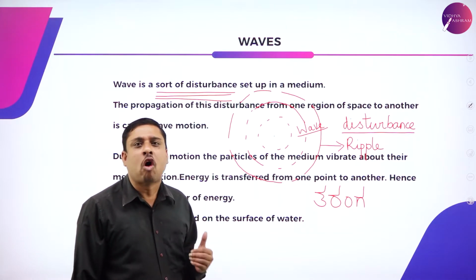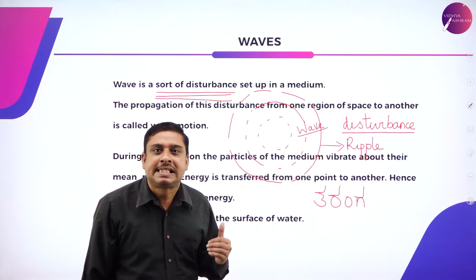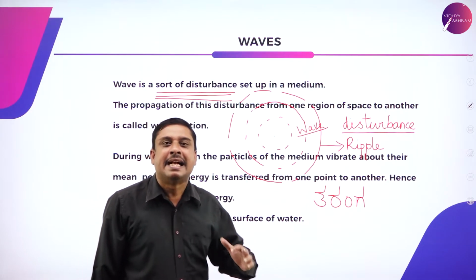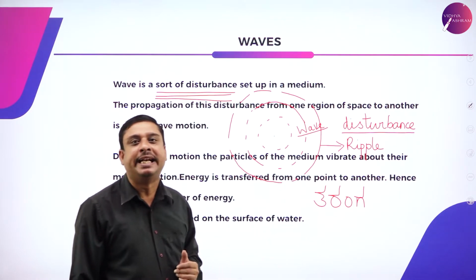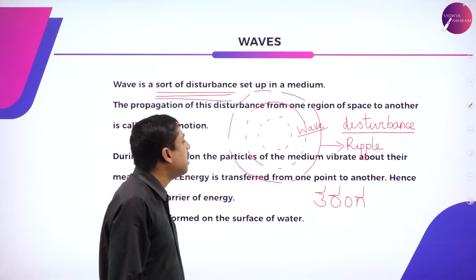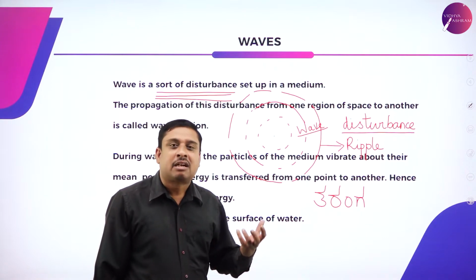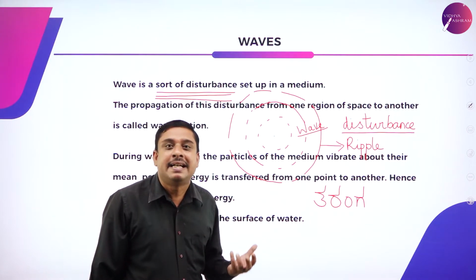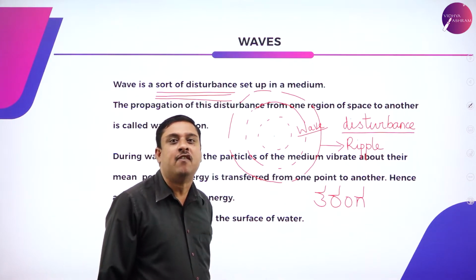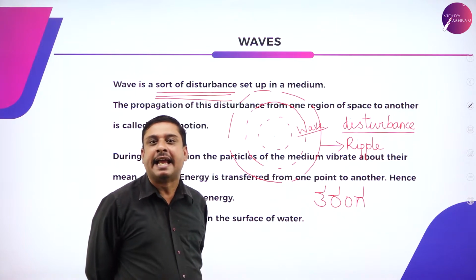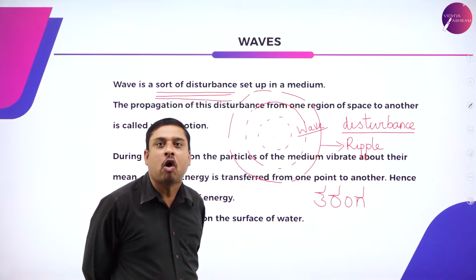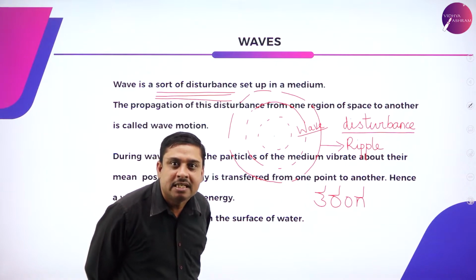Any sort of disturbance that is set up in a medium is called a wave. So the classical understanding of a wave is that it is a sort of disturbance.